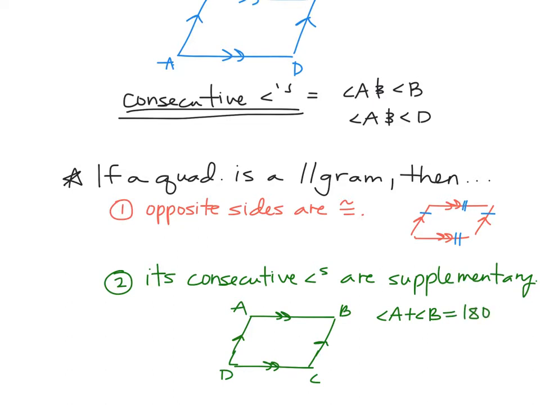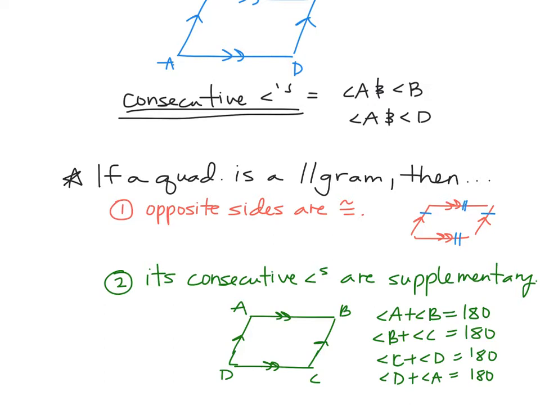That's supplementary. Angle B plus angle C will always be 180. Angle C plus angle D will be 180. And angle D plus angle A will be 180. Okay, so every pair of consecutives, every pair of one right after another will be supplementary.